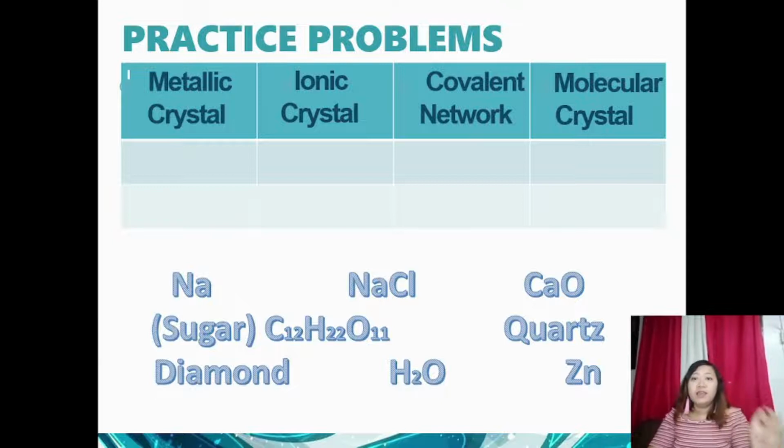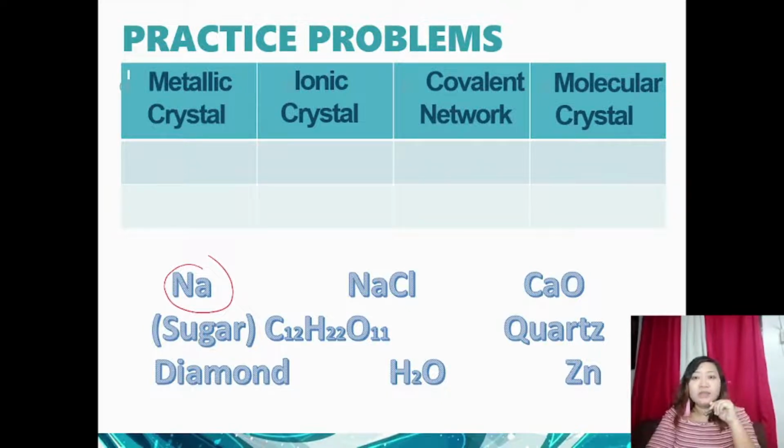Okay, let's do a practice problem. Let's classify these examples according to the type of crystal. Let's take a look at sodium first. First and foremost, find these compounds or atoms in the periodic table so that you will know the classification of these crystals.